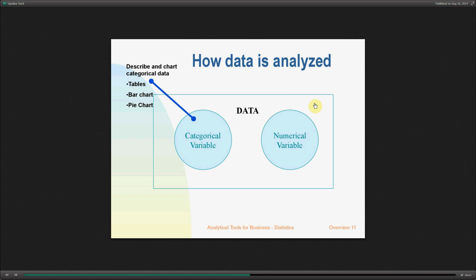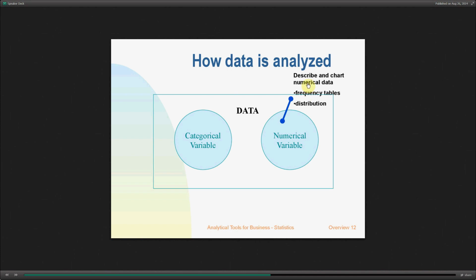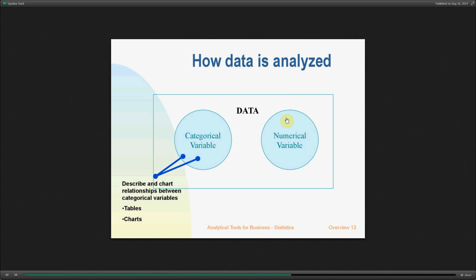They're both trying to describe the data, but with categorical data, we have certain things like frequency tables and bar charts and pie charts, whereas with numerical data, we would describe it using a different kind of frequency table, frequency distribution tables, and then histograms and distributions, as we'll see later on.